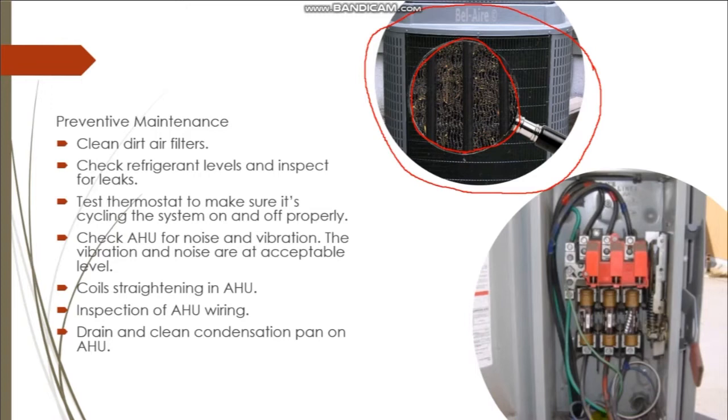The third one is to test the thermostat to make sure it's cycling the system on and off properly. To check this, we toggle the switch on and off and check for any irregularities in voltage, to make sure that there are no electrical congestions in the system.